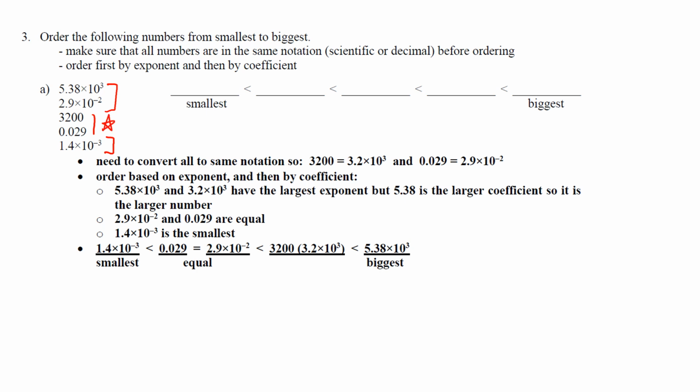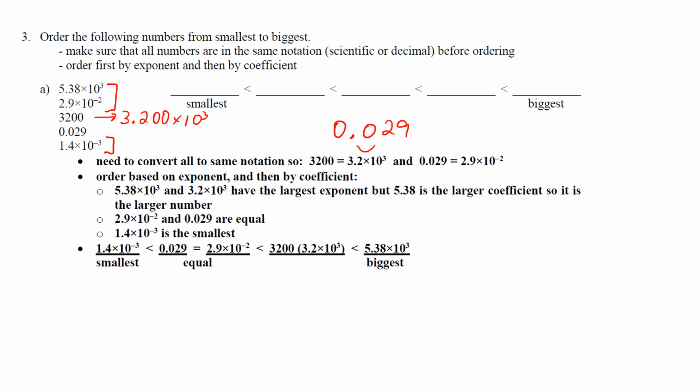All right, so we have 3,200. To change that to scientific notation, I would move it 1, 2, 3 spots. So that means this is 3.200. I moved it 3 spots, so that's times 10 to the 3. Next, 0.029.